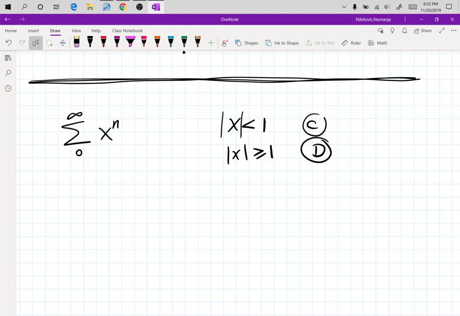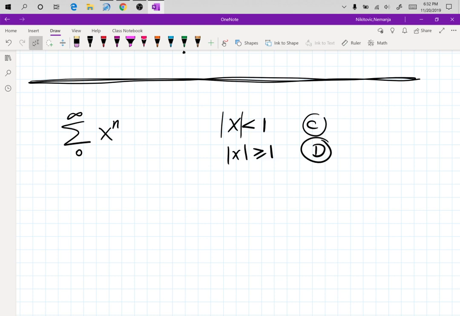But now, you cannot talk about convergence or divergence of the power series because it clearly depends on the value of x in some cases. In some, it doesn't. So this power series converges and diverges at the same time until you make up your mind on what the x is.